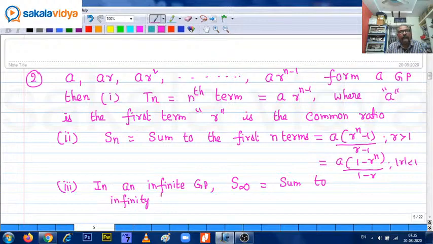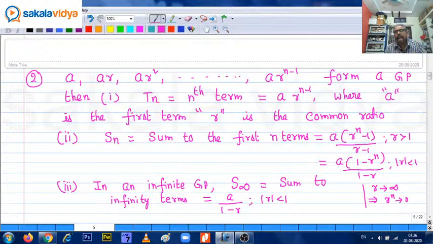Sum to infinity terms is given by a upon (1 minus r), provided mod r is less than 1. Because whenever infinity terms means n tends to infinity, with the help of the limit concept, r is a very small value, because less than 1, r to the power of n tends to 0. In the place of r to the power of n put 0, you get a by (1 minus r).